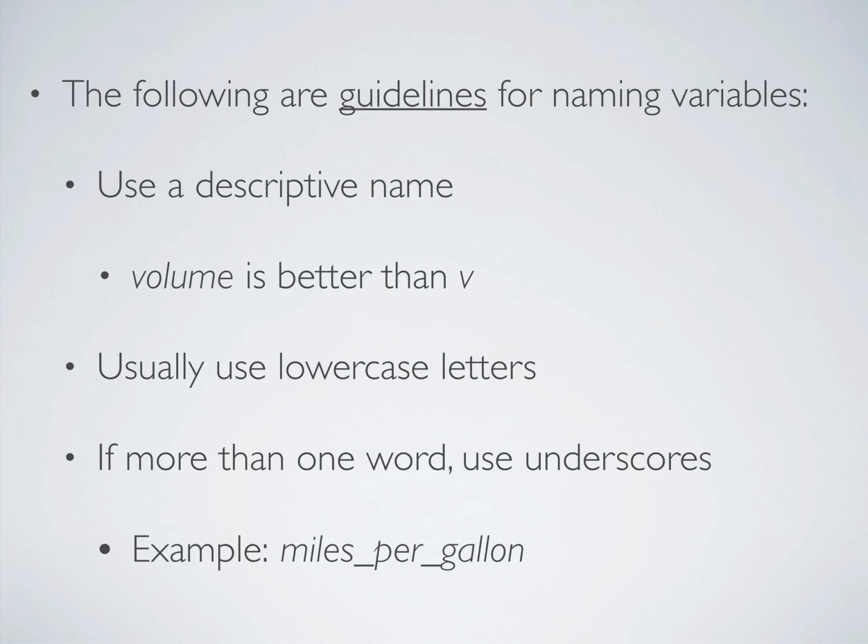So the way you handle multiple words, for example, miles per gallon, if that's a variable name you're using, go ahead and use underscores to represent where spaces would be. So again, with variable names, you want to use lowercase letters, you want to be as descriptive as possible, and you can use underscores to represent what normally would be a space character.